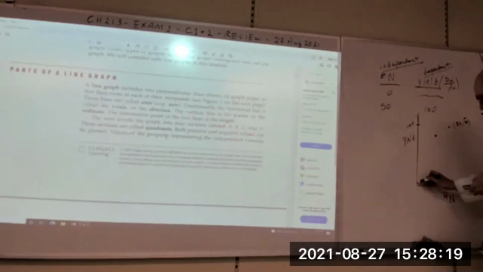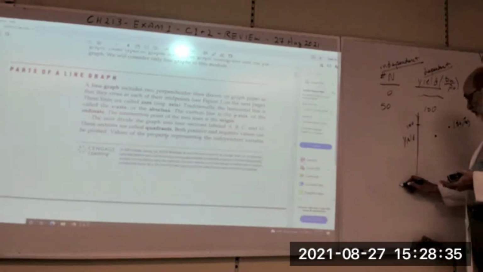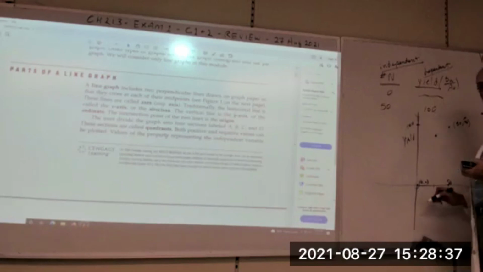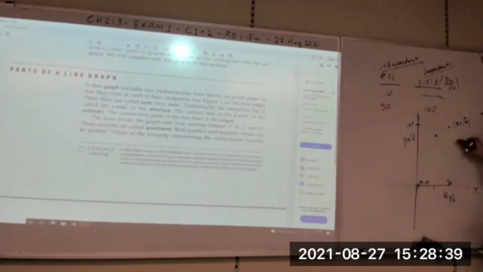This is the origin, so the value here would be 0, 0. And actually, if you need it, you can have negative x and negative y. So these are quadrants of that graph. Most of the work I ever did, we never went into the negatives. So it was always in this quadrant.